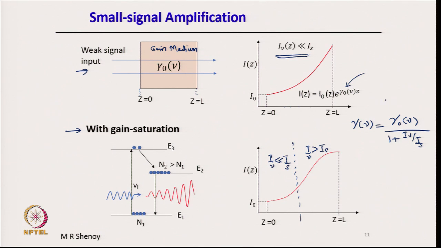That means the gain is continuously dropping down. If the gain is dropping down, the rate at which the intensity is increasing is slowing down, and when I nu becomes much larger than I s, gamma tends to 0, that means the material no more provides any amplification, and we say that the gain is saturated.